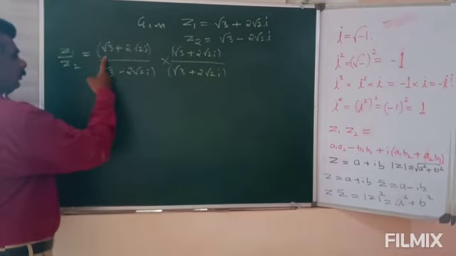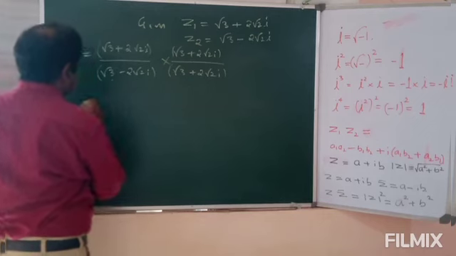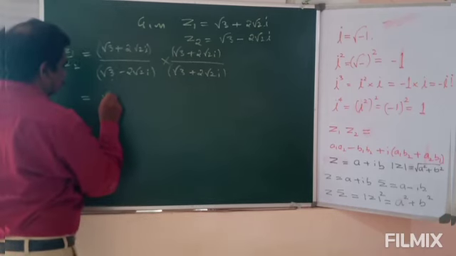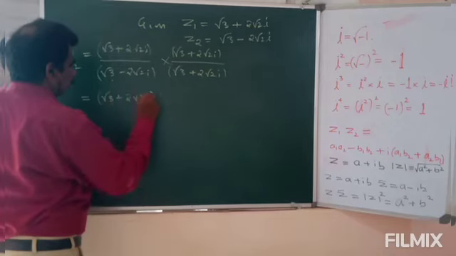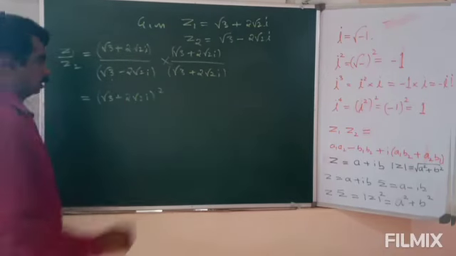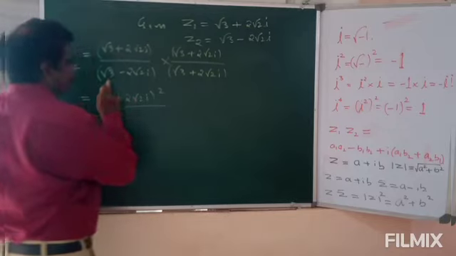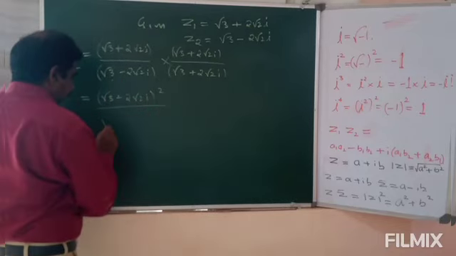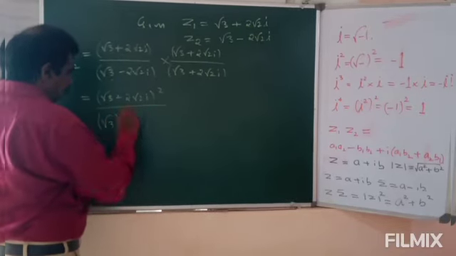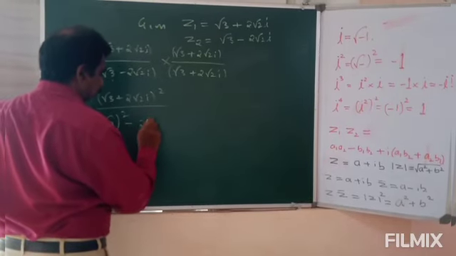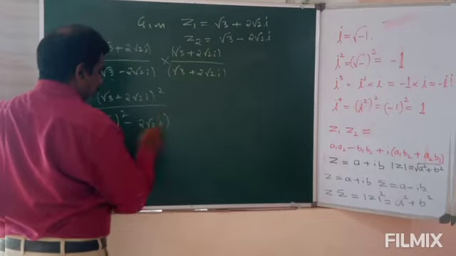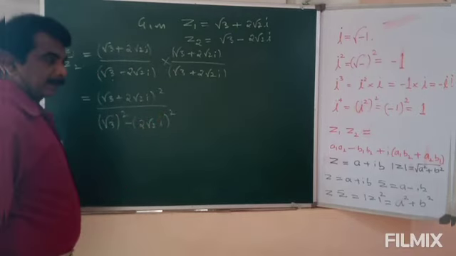Okay, this is the form of a plus b. A plus b whole square is root 3 plus 2 root 2i whole square, divided by a minus b into a plus b, that is root 3 whole square minus 2 root 2i whole square.